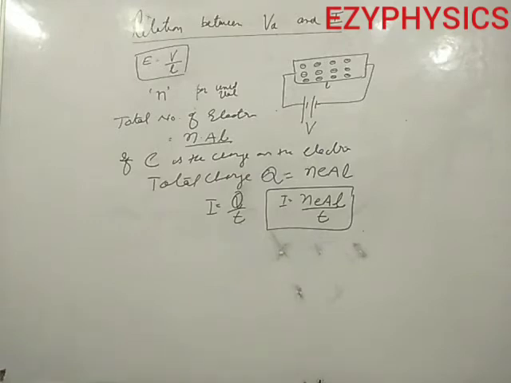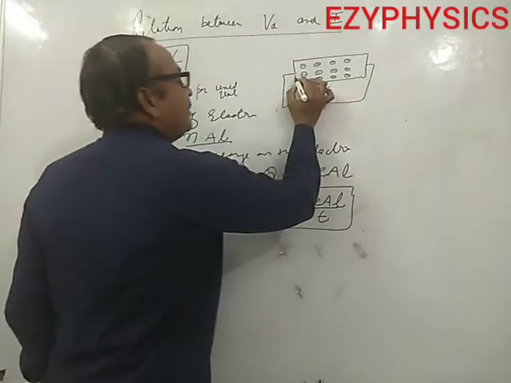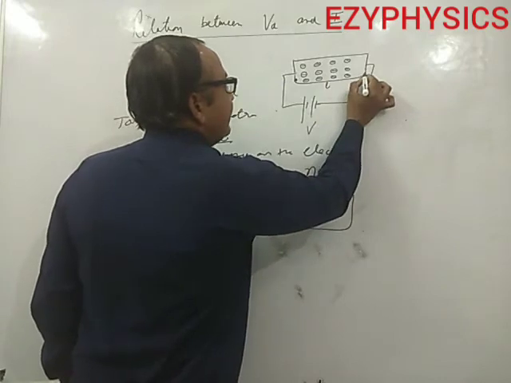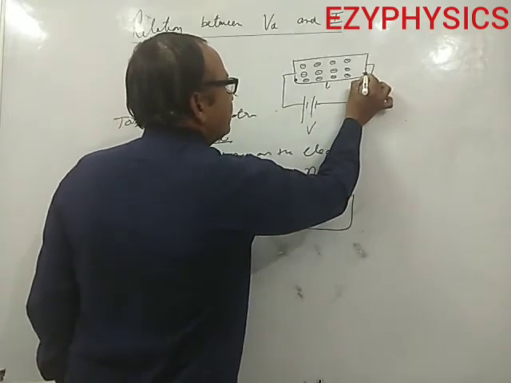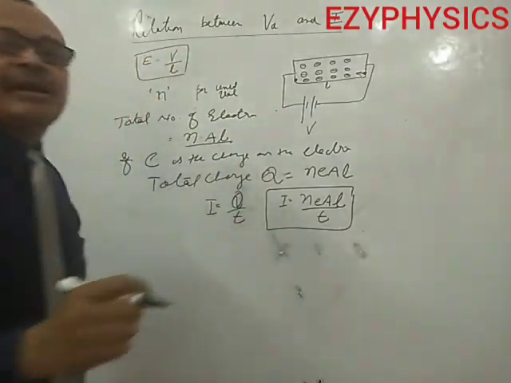If I find the value of this, you can understand what T is. What is T? The time taken. How much will the time be? It is the time taken by the electron to reach from this end to this end.